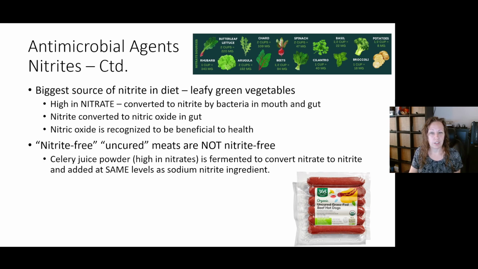So the key thing to know as a consumer, if you are trying to avoid nitrites or not fall for marketing gimmicks, which is not really a purposeful marketing gimmick. The meat industry likes it because it does help them with marketing. But the food scientists that are part of the meat industry that understand this are like, no, this isn't right.